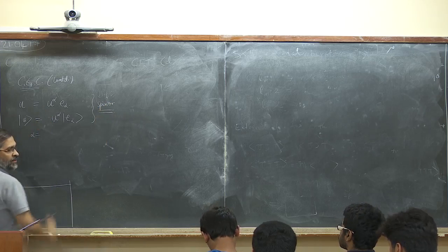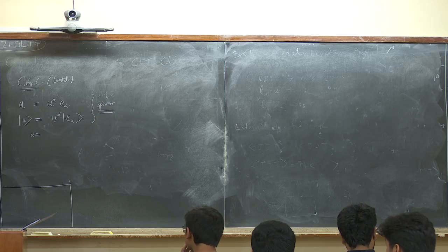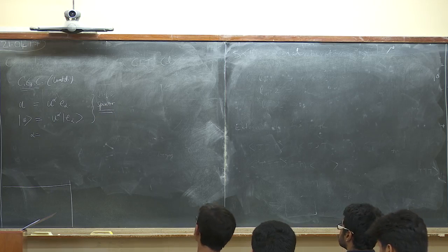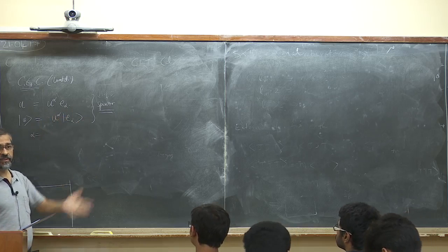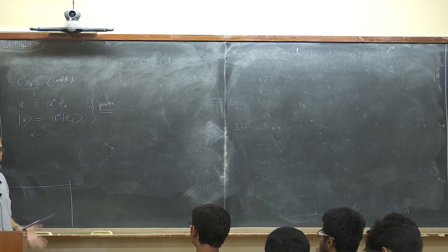Sometimes the U alpha itself is called a spinor, but strictly speaking those are components of a spinor. So a general vector in the spinor representation vector space is called a spinor.